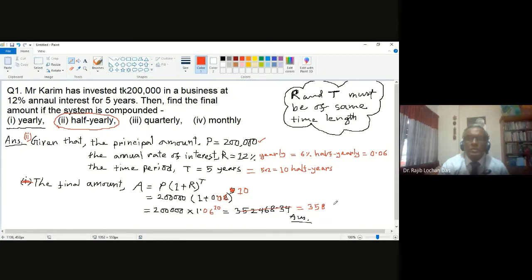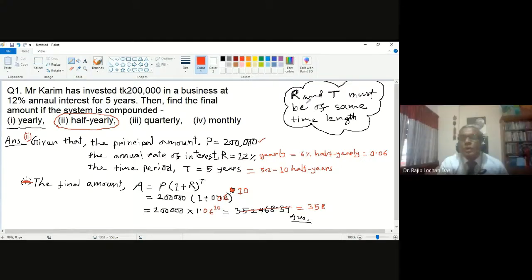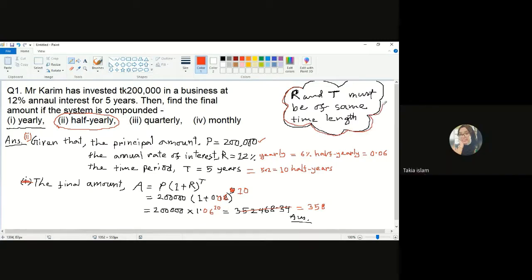But why will we multiply the time by 2? That is the point. That is why I did not erase this. That is the point I have written in this cloud. What have I written in this cloud? R and T must be the same time length. Good.